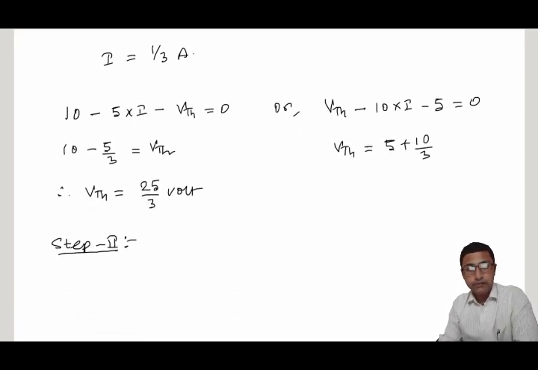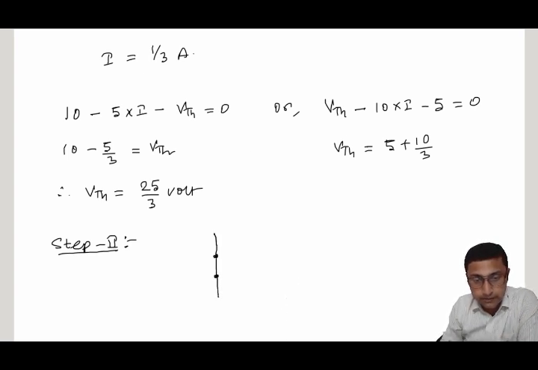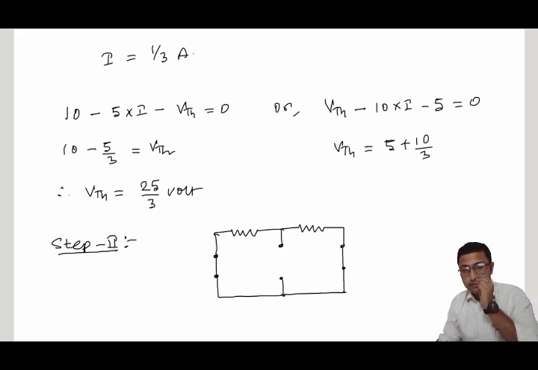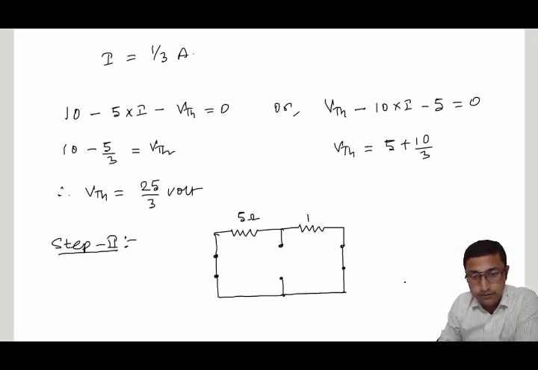If I redraw the circuit, the supply voltage is short circuited, and the load terminal is also open now. This is the final diagram. This is 5 ohm, this is 10 ohm. Now you have to measure the RTH.